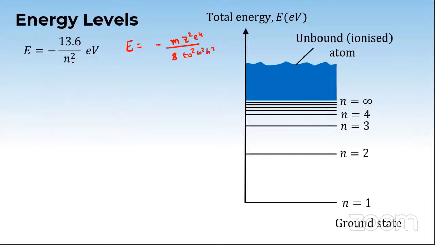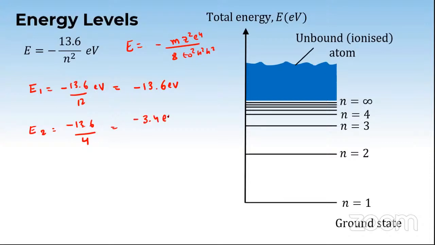For the first orbit, I have to put n equal to 1. So minus 13.6 by 1 squared electron volt. The first orbit will have the energy of minus 13.6 electron volt. If I take the second orbit, the energy will be minus 13.6 by 2 squared, which is 4, which is equal to minus 3.4 electron volt.